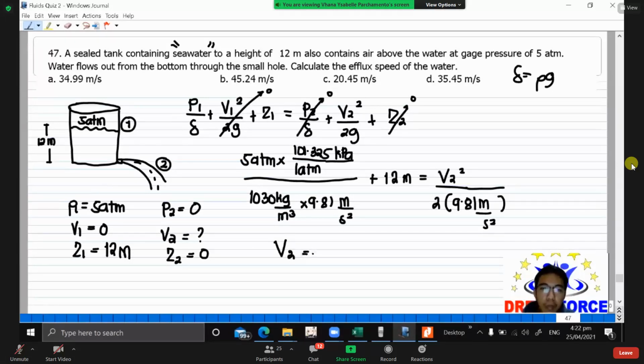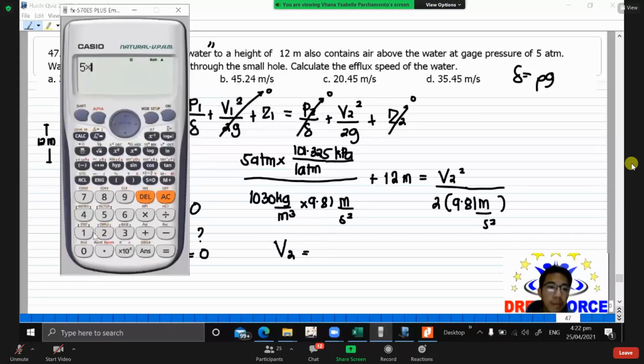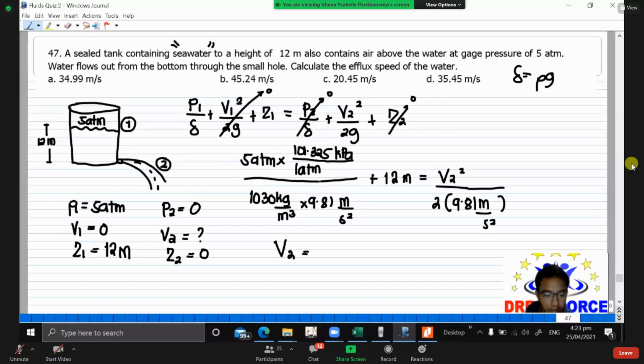Okay, only V2 is left. So I can now calculate our V2. We have 5 times 101.325 kilopascal divided by 1030 times 9.81 minus 12 times 2 times 9.81 and taking the square root, we have 27.36.